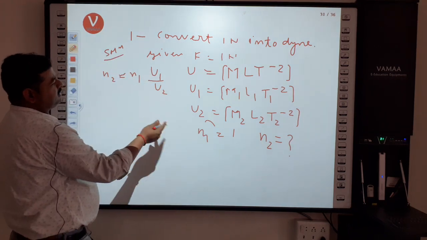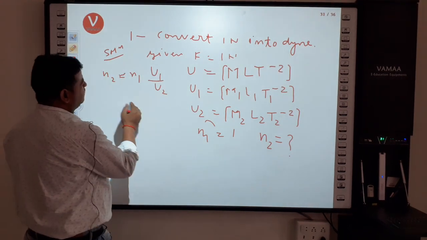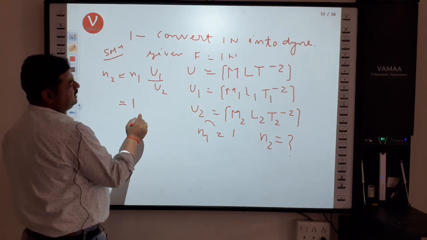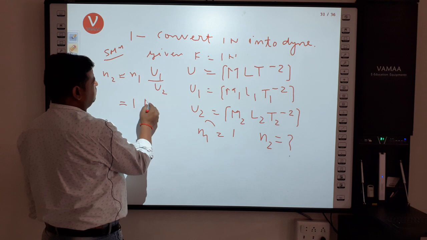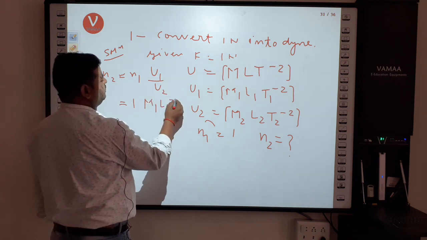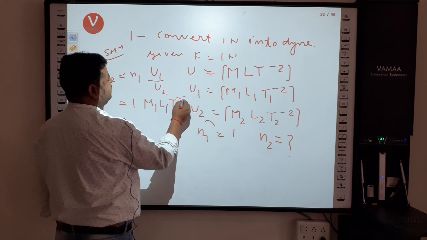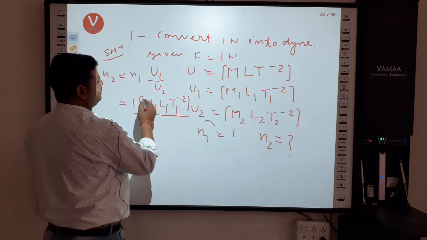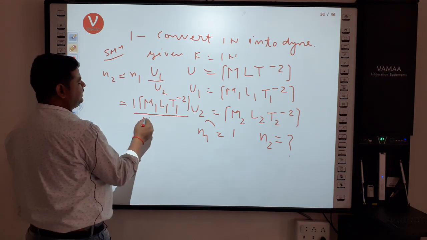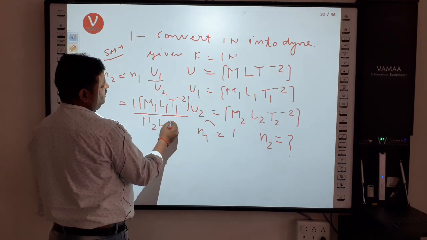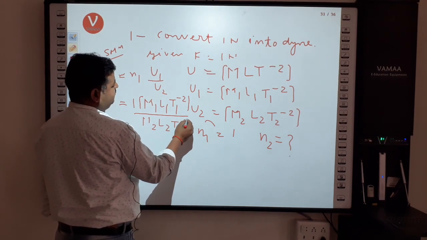So here we put the values given: N1 is equal to 1, U1 is equal to M1 L1 T1 raised to power minus 2, and U2 is M2 L2 T2 raised to power minus 2.